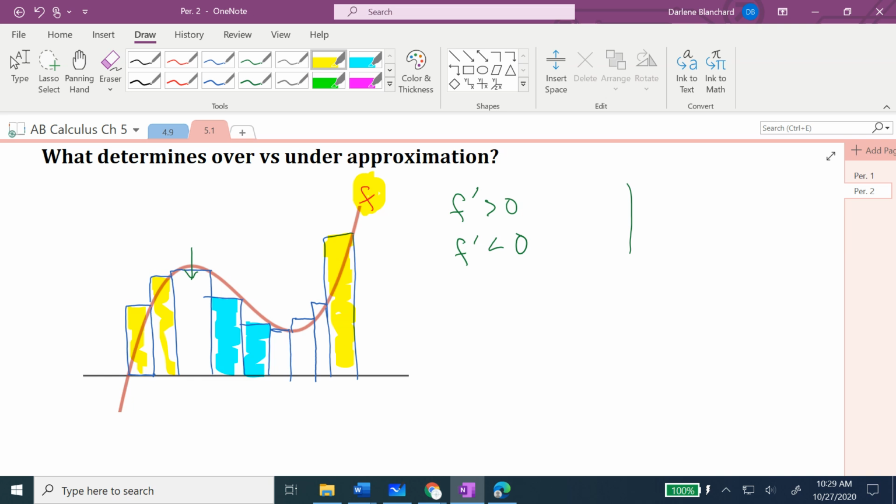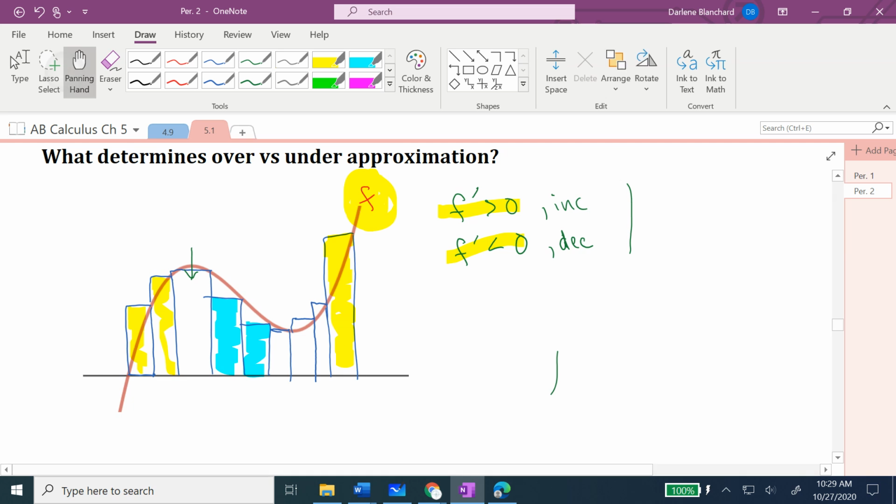If you're looking at G prime and you want to know if the right Riemann sum is an over or under approximation, you actually have to look at, quote, G double prime being positive or negative. So whichever graph you're focused on, is it having a positive or a negative slope? In other words, is it increasing or decreasing?